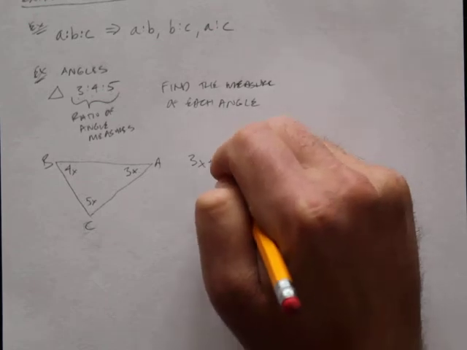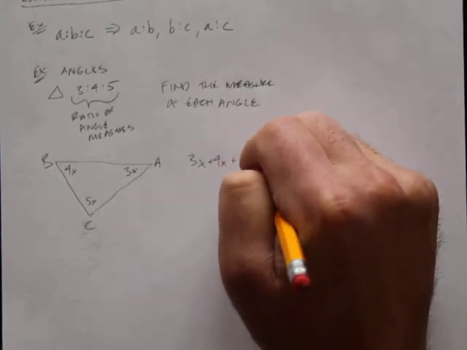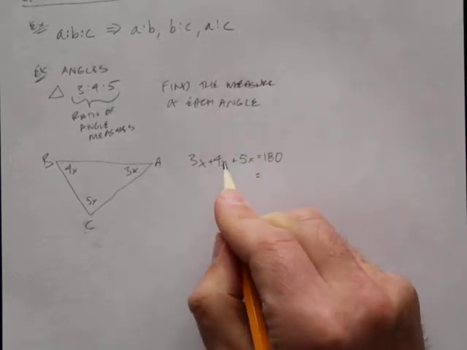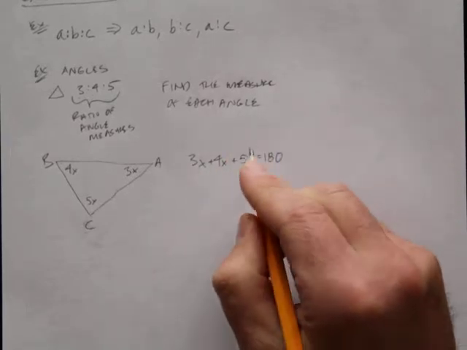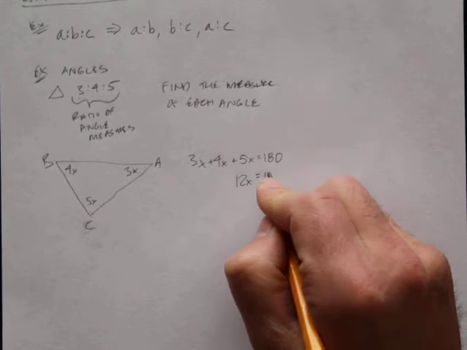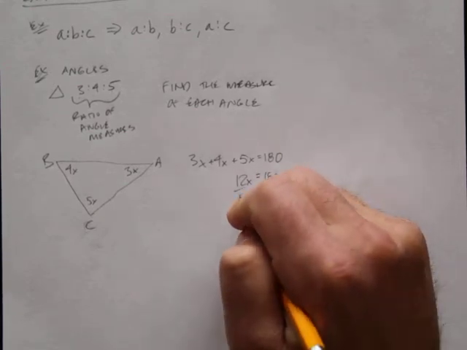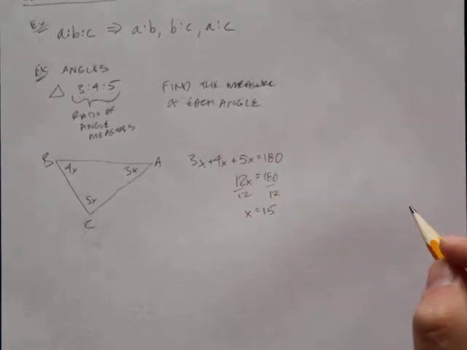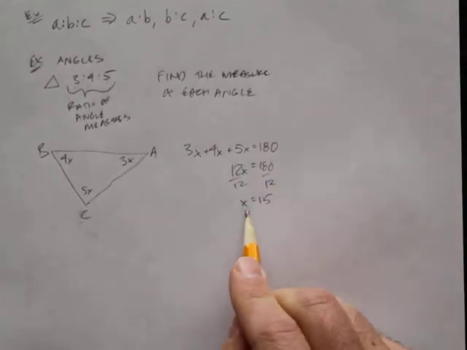So 3x plus 4x plus 5x equals 180. 5 plus 4 is 9 plus 3 is 12. 12x equals 180. Divide both sides by 12. x equals 15.